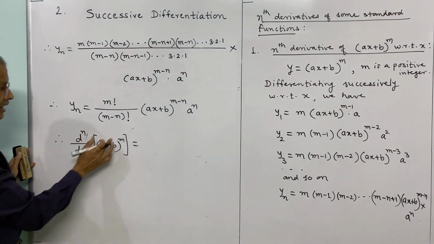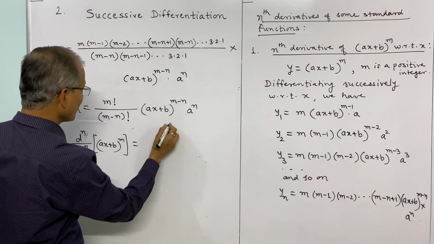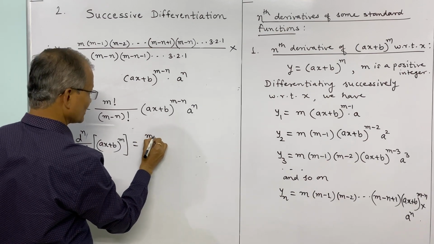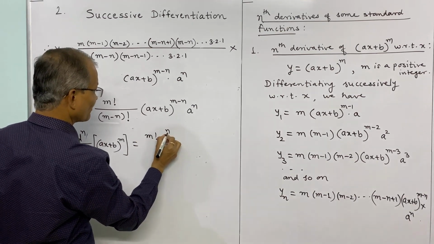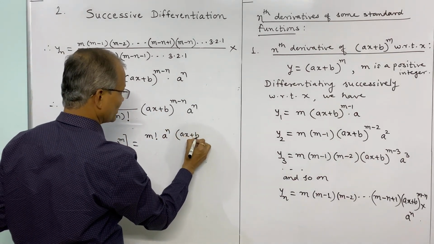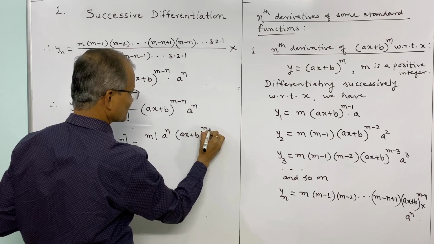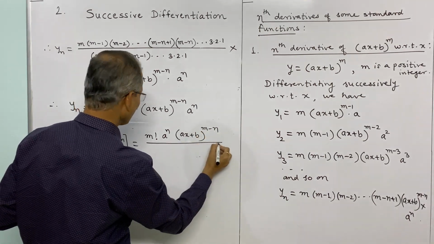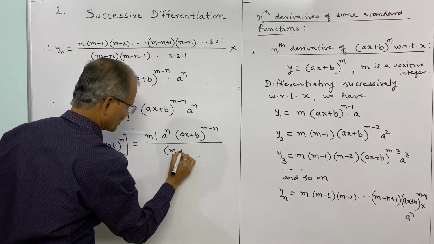It is the same, and the right side is m factorial. So I shall write this as m factorial a^n first, and then (ax+b)^(m-n) divided by (m-n) factorial.